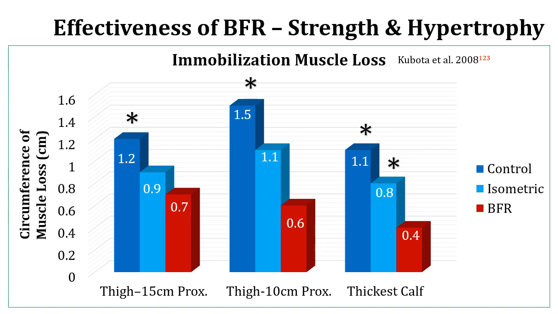But the significant thing here is that with no exercise, the BFR group really cut their deficits in half almost at every point across the limb, and even more so in the immobilized portion, where it was almost a complete third, or 66% loss, more so in the control group as compared to the BFR group, simply just with occlusion.